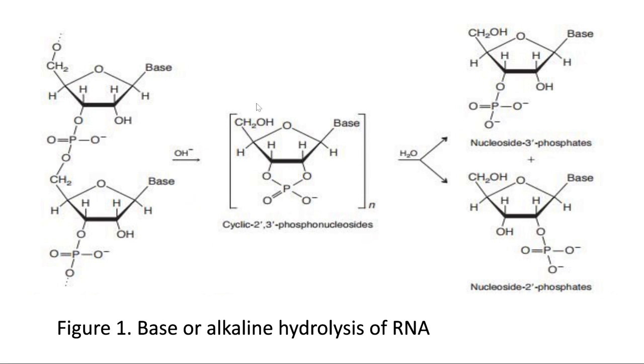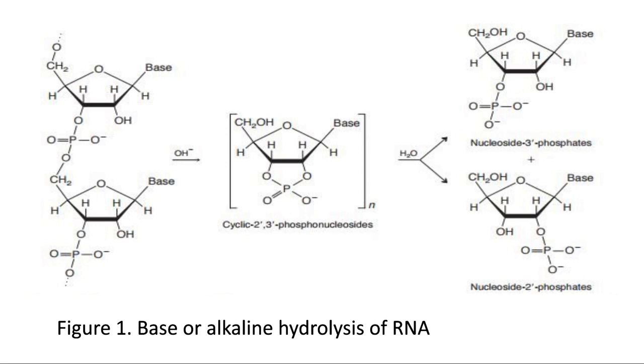Remember I told you that these cyclic 2',3'-phosphonucleosides are unstable, so they can easily be hydrolyzed by water to form nucleoside 3' phosphate, which some books call 3' nucleotide, but it's generally known as nucleoside 3' phosphate, and then the 2' component, which is the nucleoside 2' phosphate.